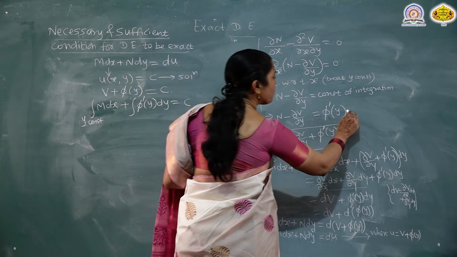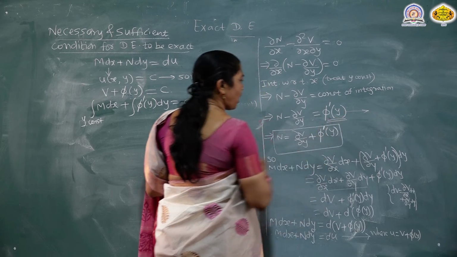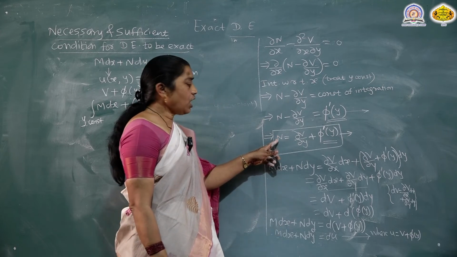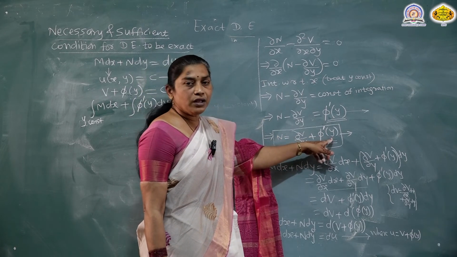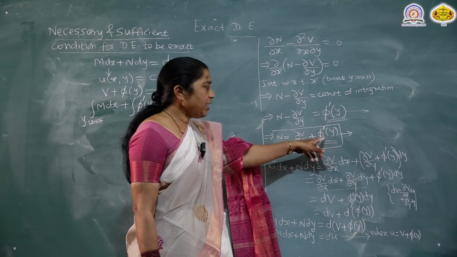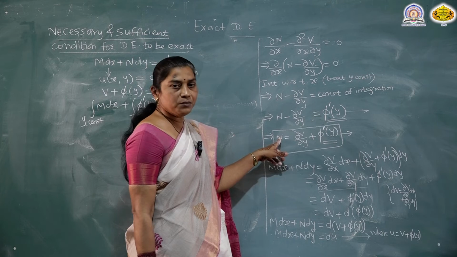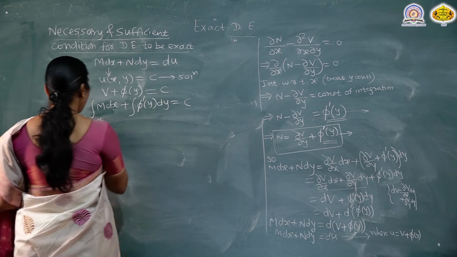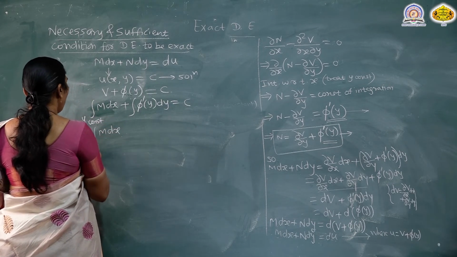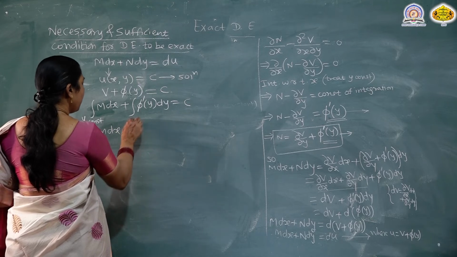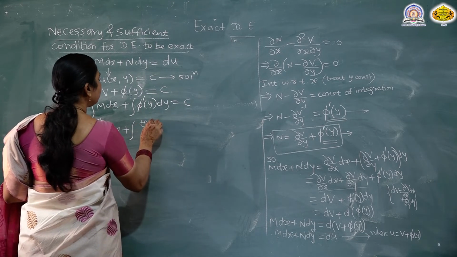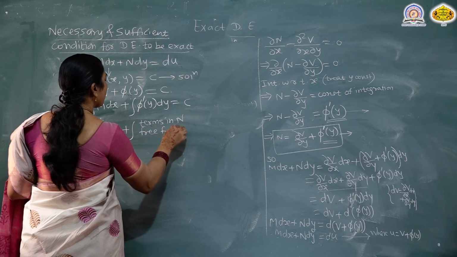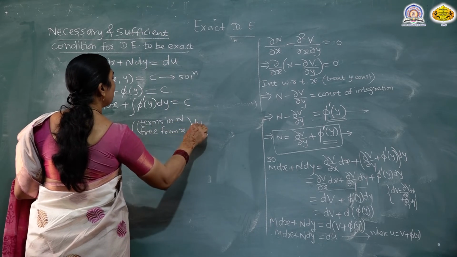Now see what is this φ'(y). From this step you will observe that φ'(y) is nothing but all the terms in n which are only functions of y. Therefore we can write this as the integral of m dx over y constant plus the integral of the terms in n free from x, dy, is equal to c.